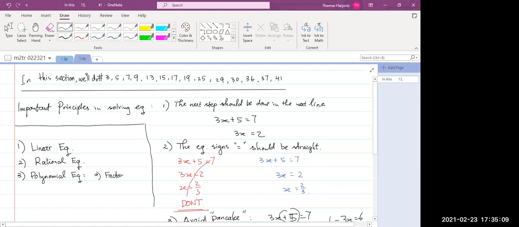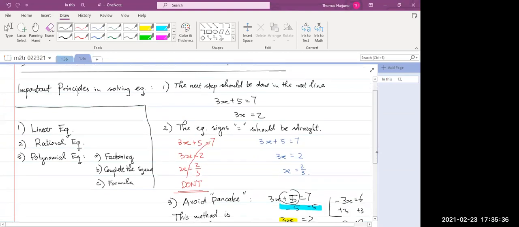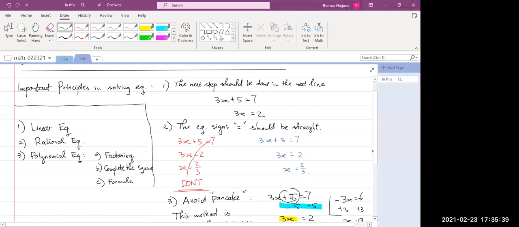Factoring is a technique that we learn in simplifying expressions, and also to solve equations. Completing the square, and then by formula. There will be some questions later on in which we have a combo of rational equation together with factoring.